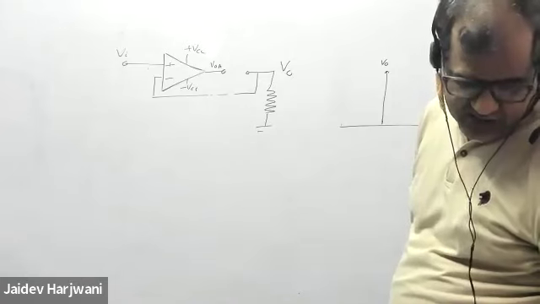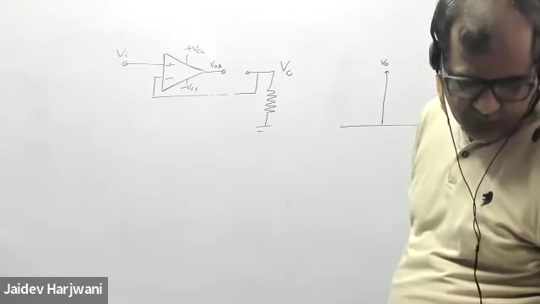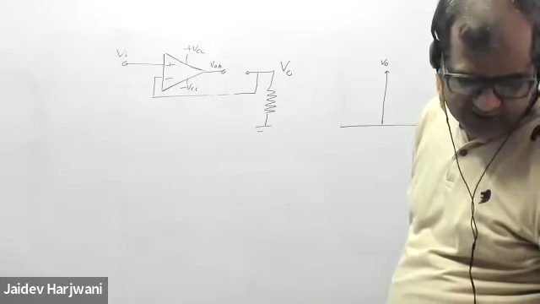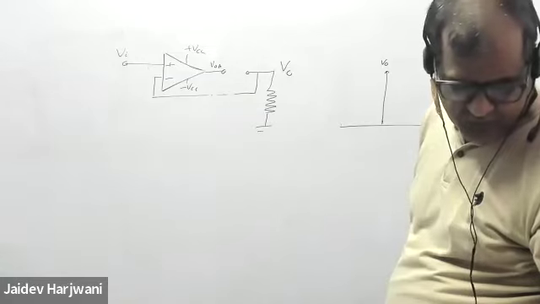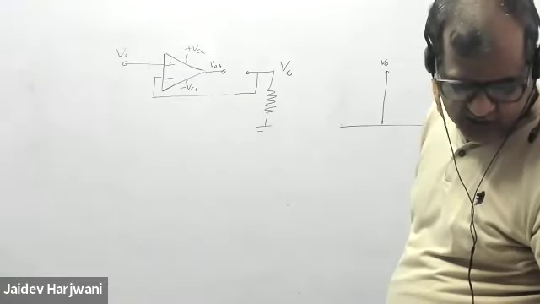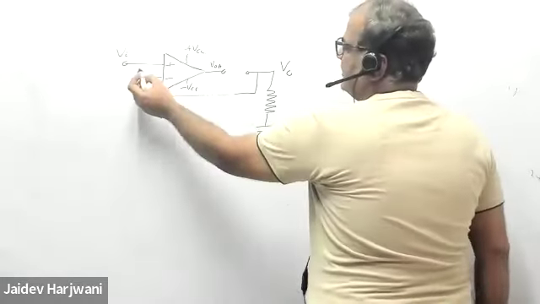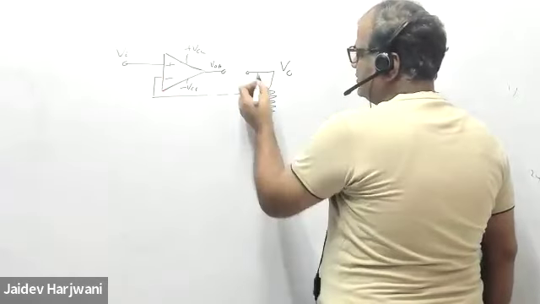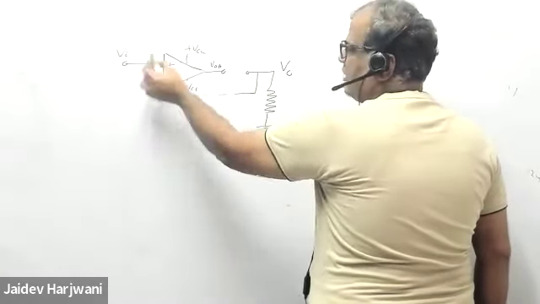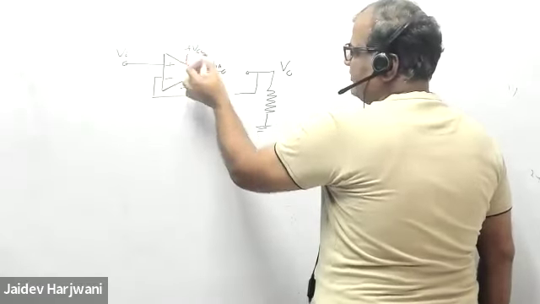Yes, it is VCC, because now this is open loop. In open loop, this is the ground terminal, and I am applying input at the non-inverting terminal in open loop, so it will saturate. So it will become VCC.